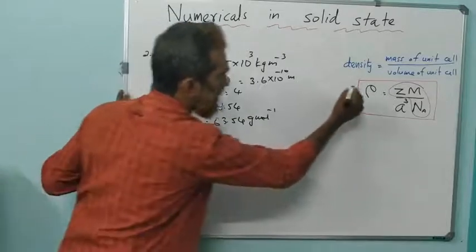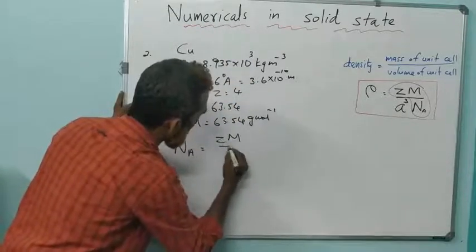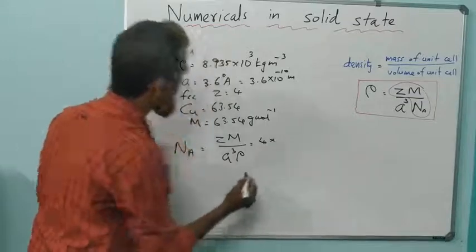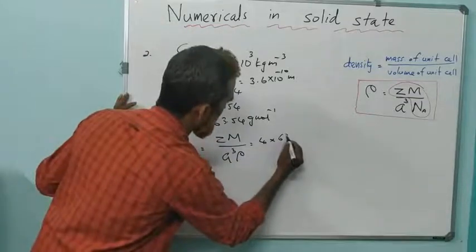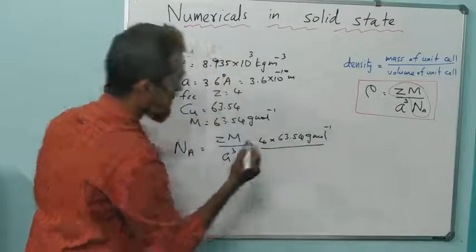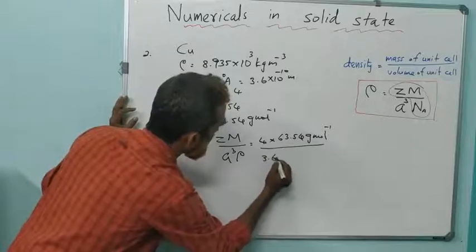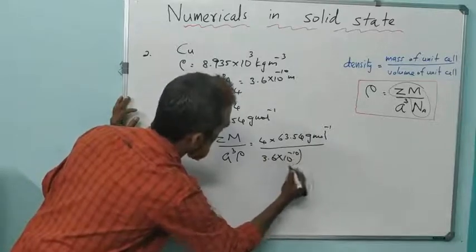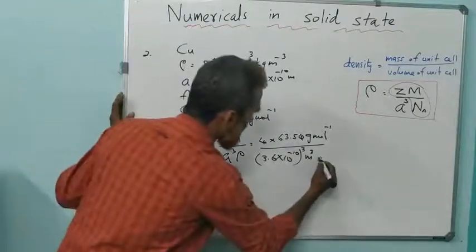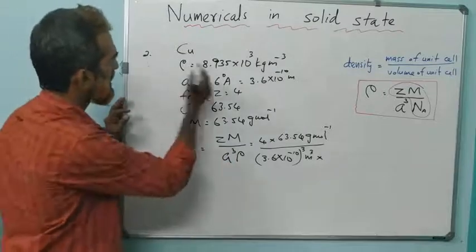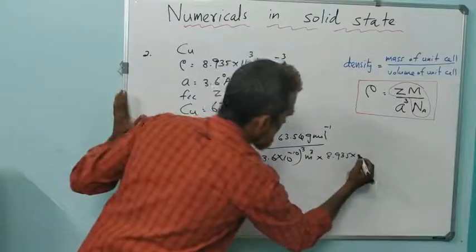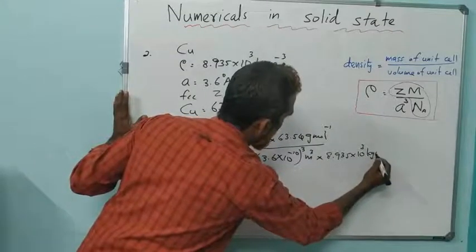Na equals, cross multiply, Zm divided by A cube into density, equal to Z is 4 into molar mass 63.54 gram per mole divided by A cube, 3.6 into 10 raised to minus 10 whole cube meter cube, into density 8.935 into 10 raised to 3 kilogram per meter cube.